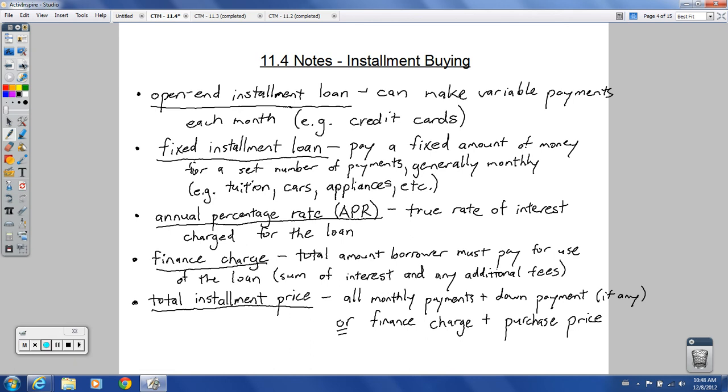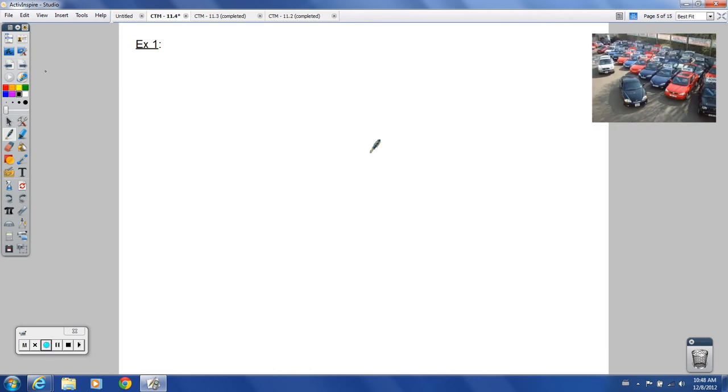Alright, so let's check out some examples here. Example 1. We've got this guy named Sammy, and Sammy is going to this used car lot, and he wants to buy a used car, we'll say. He found one that he really likes for $8,000.